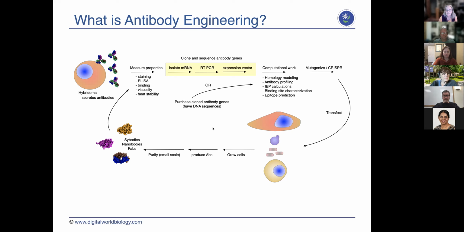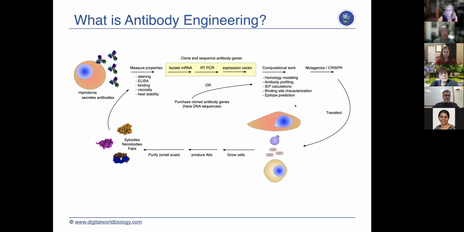We also like the idea of antibodies because not only can antibody engineering kinds of projects lend themselves to working in the lab, but they also can involve computational work. So we can do sequence analysis, we can do homology modeling, antibody profiling, we can characterize binding sites and predict epitopes.